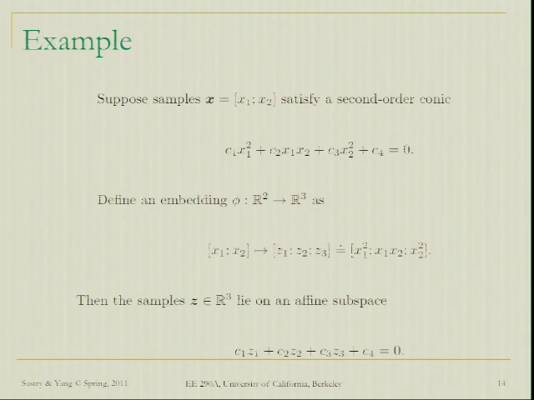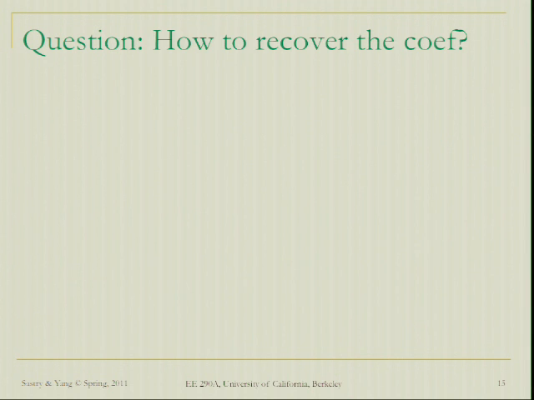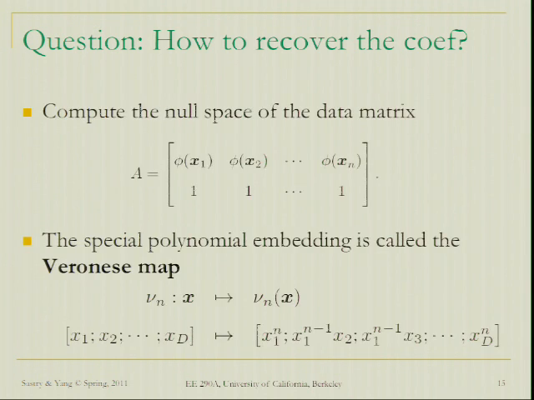And using this example, we defined a very special embedding function called the Veronese embedding. So can anybody remember what the definition of a Veronese embedding is? They are a list of monomials. So here's the definition.